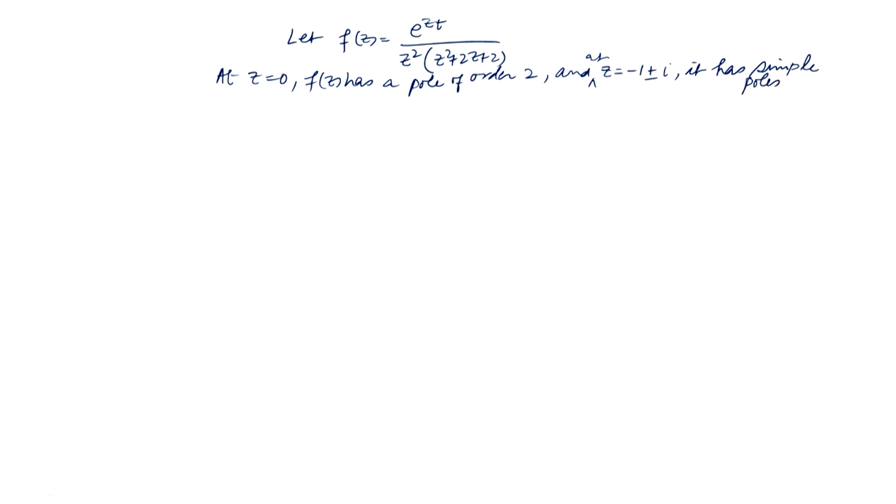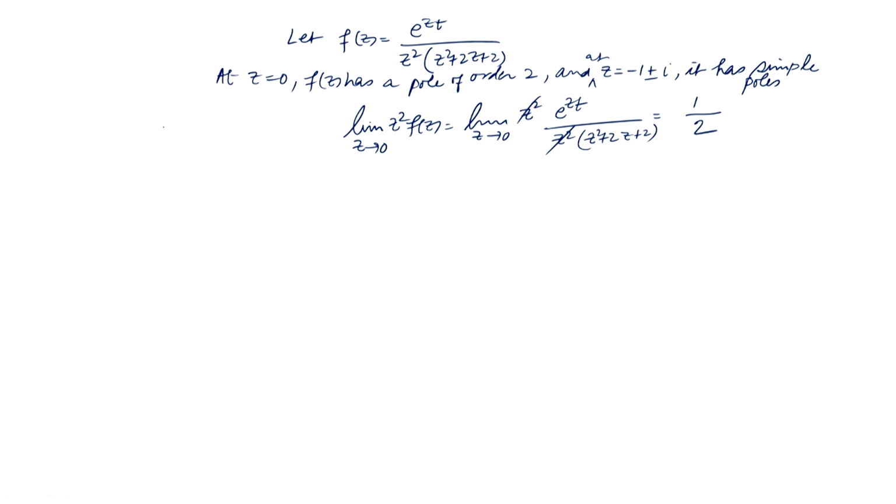If you multiply f(z) by z square and take the limit as z tends to 0, you get e to the power 0, that is 1, upon 2. Okay. So, it has a pole of order 2, and at z equal to minus 1 plus minus i, the denominator has simple zeros, so f(z) has simple poles.